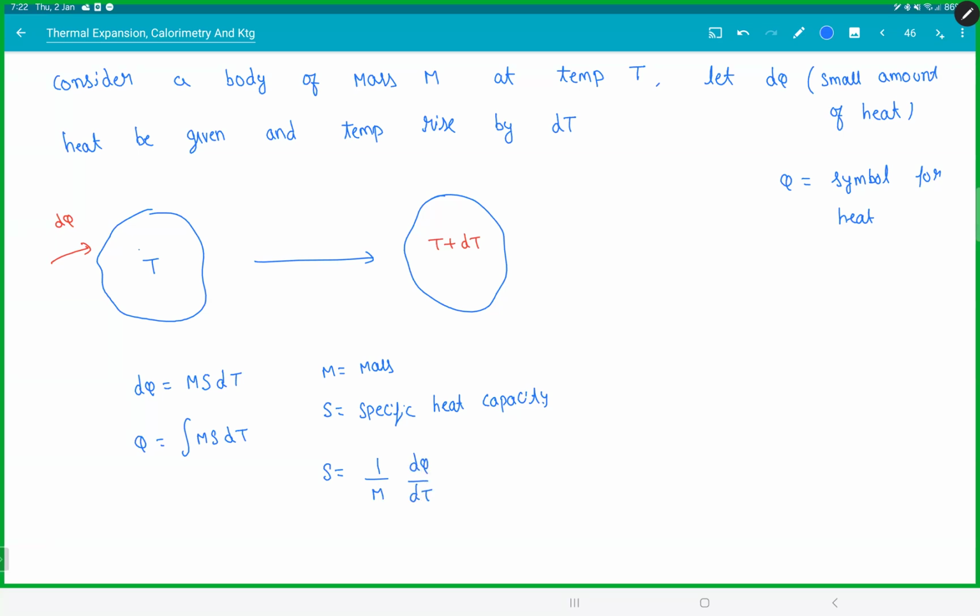The amount of heat required to change the temperature per unit degree per unit mass.